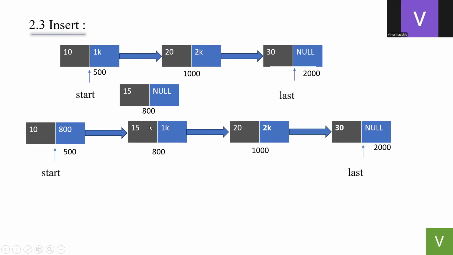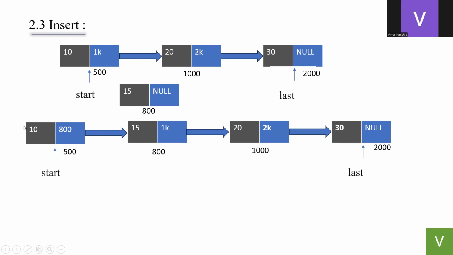Now the third one is the insertion operation. Let us consider we have three nodes with data 10, 20 and 30. If we want to insert a node 15 at position 1, let us consider that 15 has an address of 800.